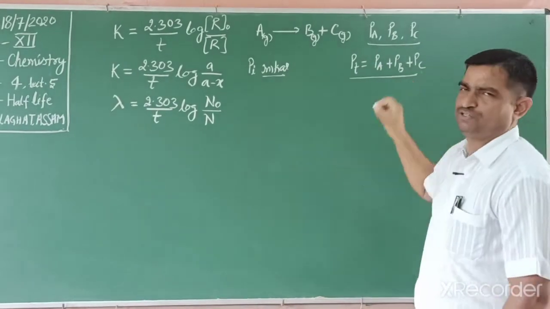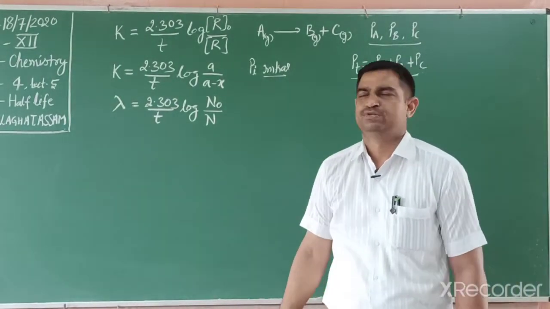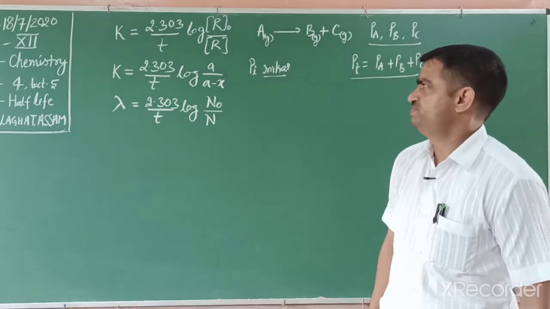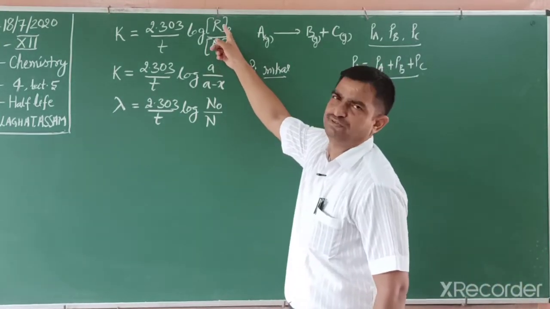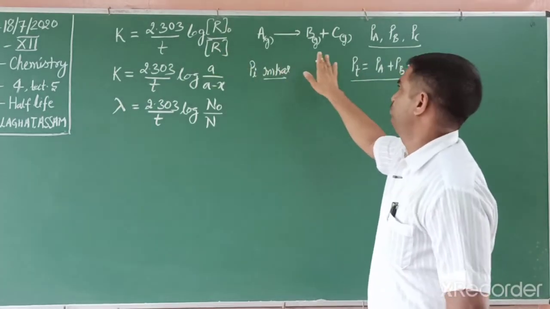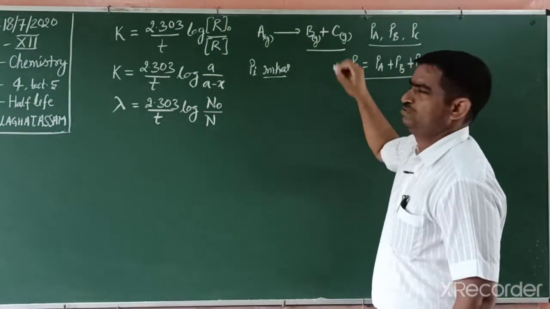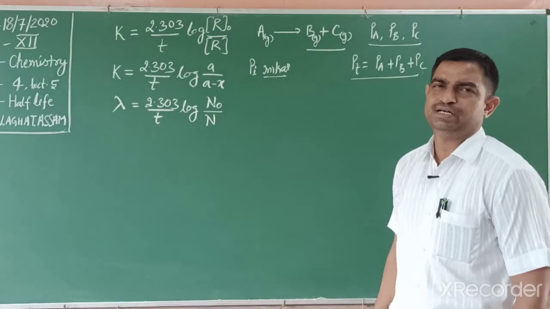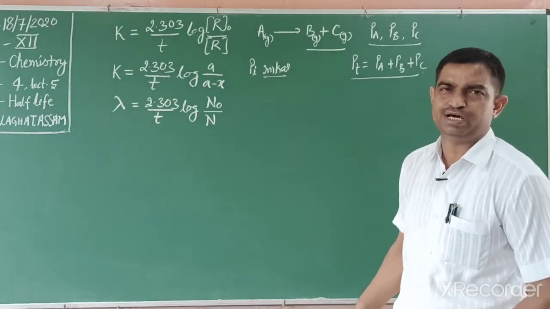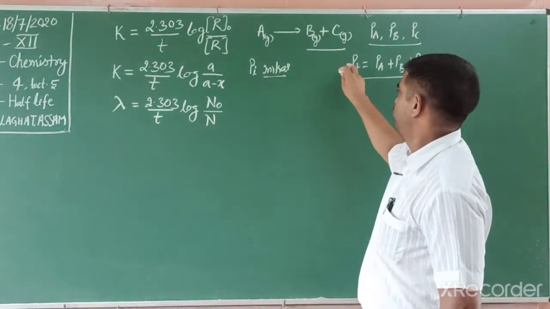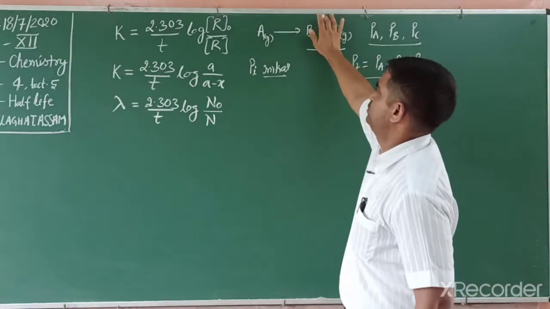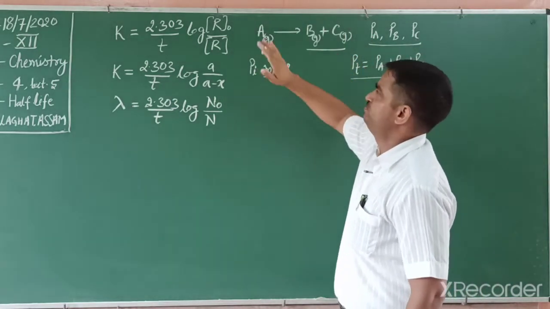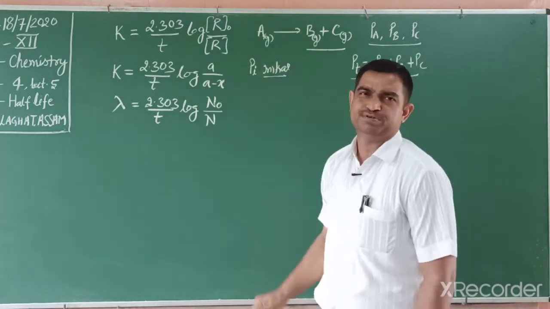But in a first order reaction we need only the concentration of the reactant, not the concentration of the product. But if all are gaseous components, then the total pressure includes the partial pressure of the product also. But we need only the pressure of the reactant.